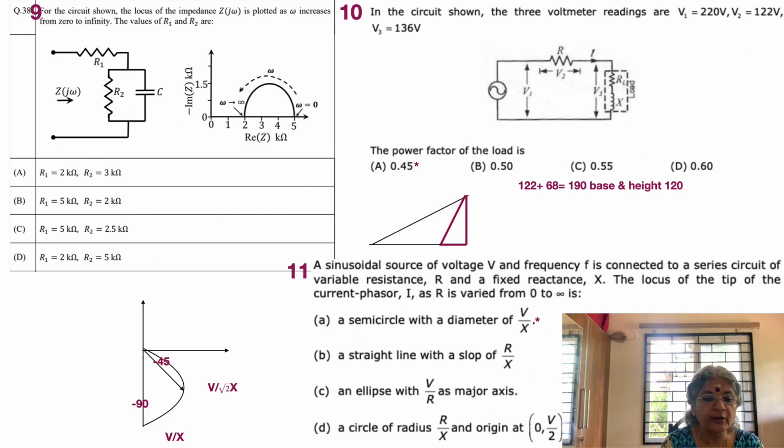So how do you find the power factor? Of course, there are formulae. If you don't remember the formulae, the best approach is to check whether the power factor is going to be 0.5. Why 0.5? Because on one side of 0.5, answers C and D give larger values of power factor, and A gives a lower value.